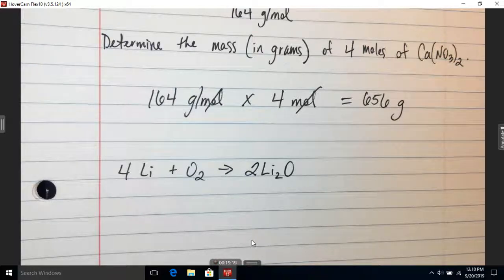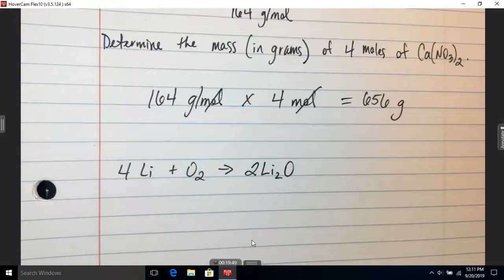Okay, what do? The equation's balanced, you're saying? Okay, but what if I want the gram formula mass? Yeah, it's not any different.